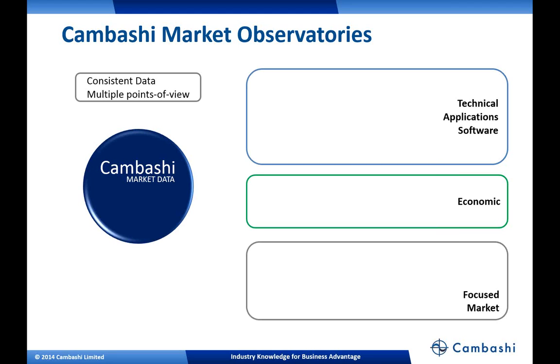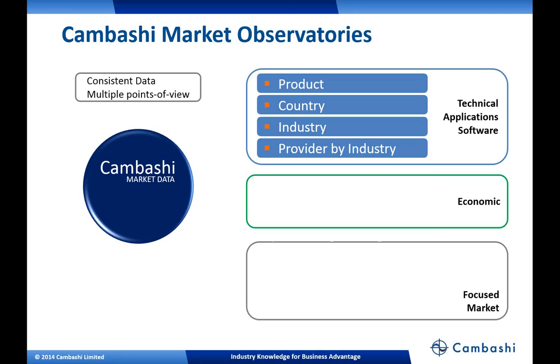The observatories fit into three groups: technical application software, economic data, and focused markets. The technical applications are the software used by engineers, architects, manufacturing process designers, and others to support design, engineering, and creative activities. These four tech apps observatories provide different views of this software market.